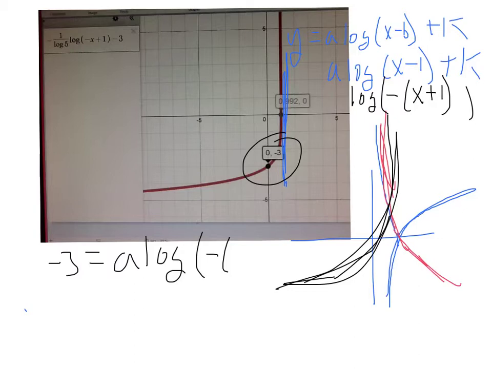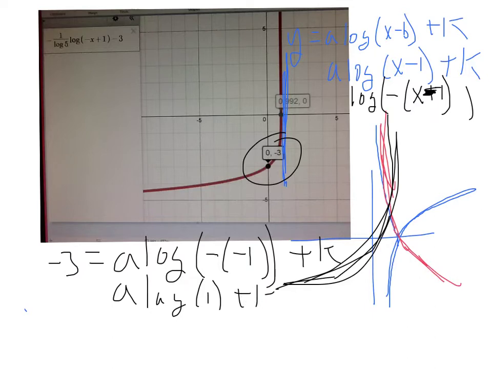Actually, that's negative, isn't it? This should be negative, not positive. Okay, so that would make that positive. That way that'll work. Plus k. So there, I'm getting a log of 1, plus k. Well, log of 1 is 0. So that would tell me k equals negative 3. Check. So I've got that figured out.